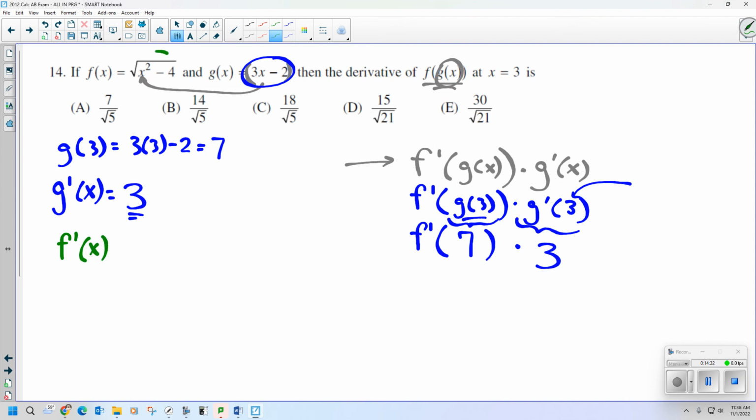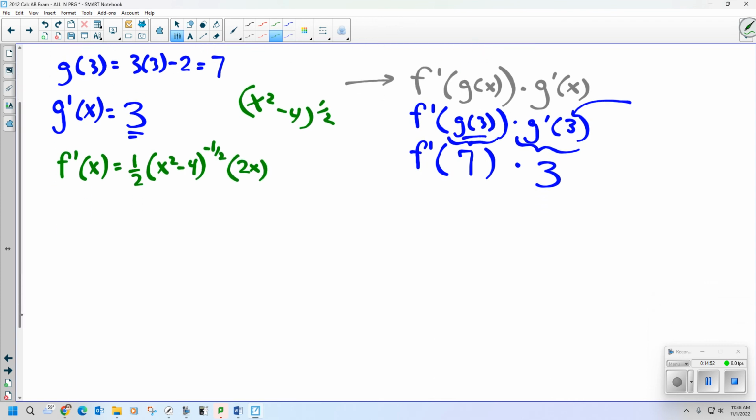First of all, I'm going to rewrite this so that it's x squared minus 4 to the 1/2. Okay, my 1/2 comes down. X squared minus 4 to the negative 1/2 times the derivative of the inside, which is just 2x. Okay, let's rewrite this. Okay, I have my 2 on the bottom.